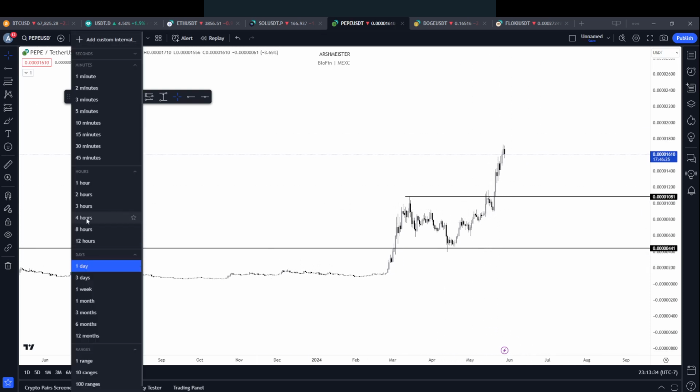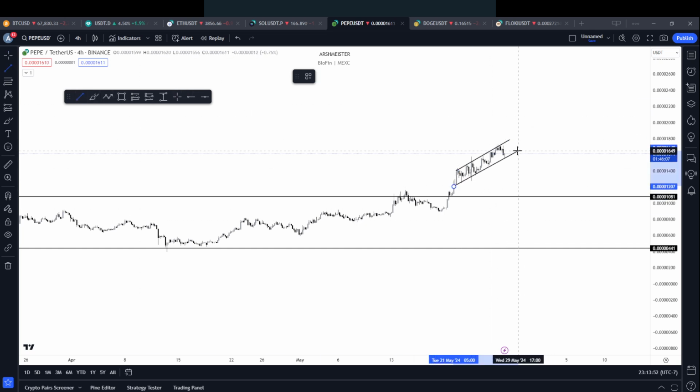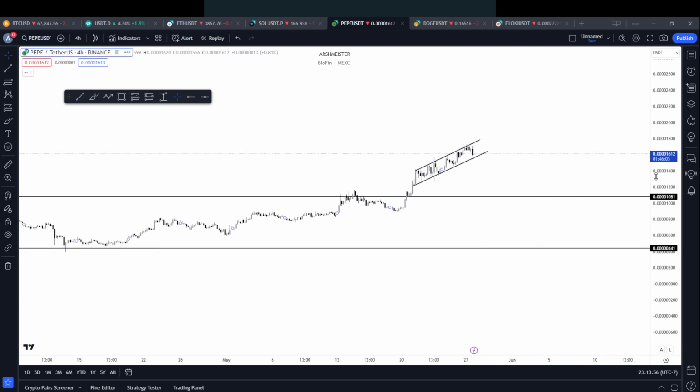In terms of trying to find an entry, you would have to go to a low time frame. If you go daily, it could take time to play out. But let's go to a lower time frame, say the 4 hour. Now, you have clear resistance on an uptrend, and you have clear support. It's just a little rising channel.